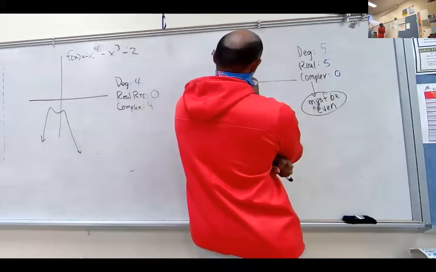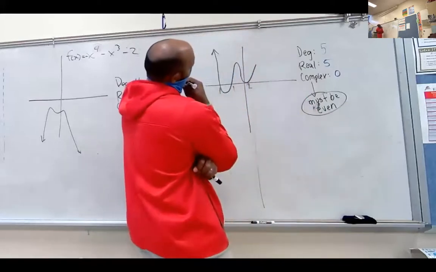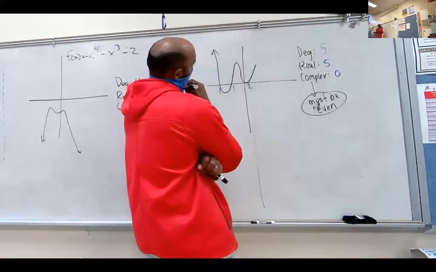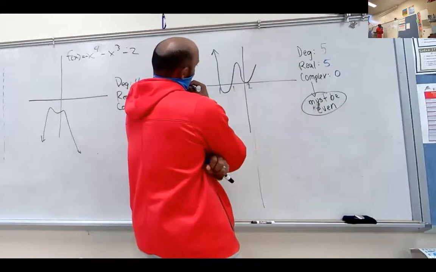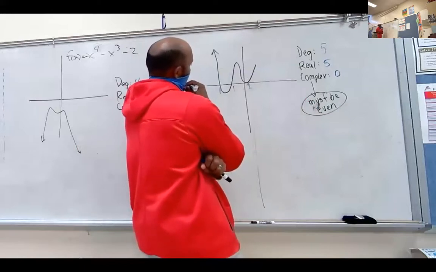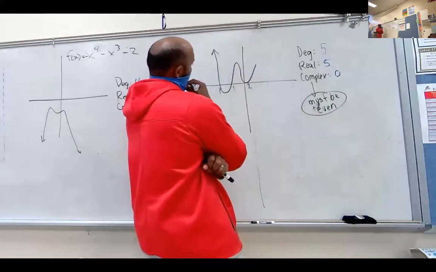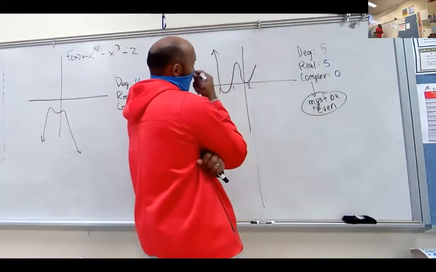Won't work for me. Because if I have a 6, that'll be 2. I guess that wouldn't be the case, because that wouldn't count as a turn, and the degree would still be that.